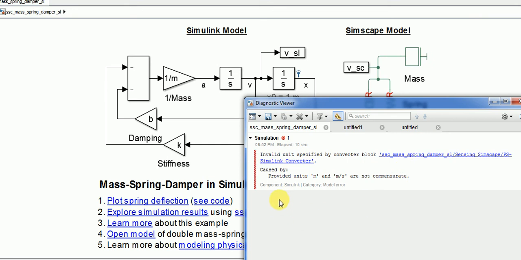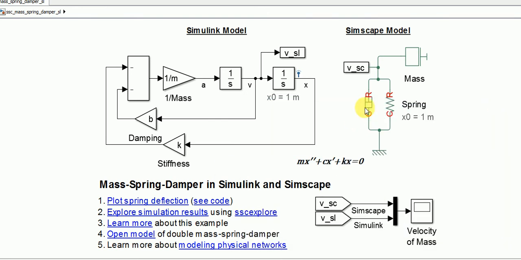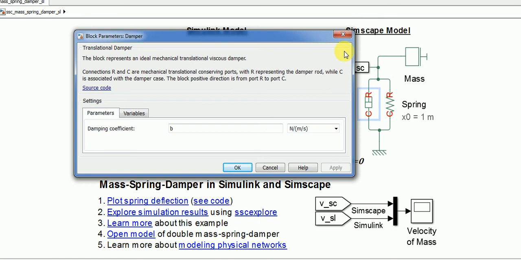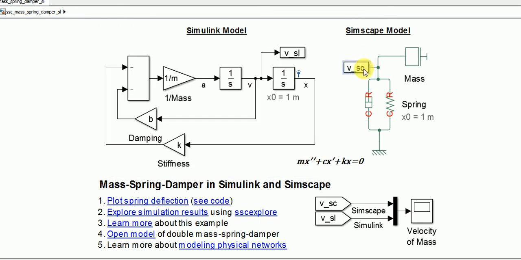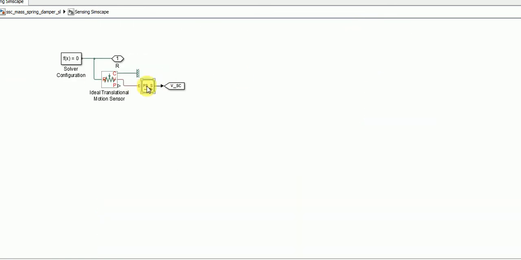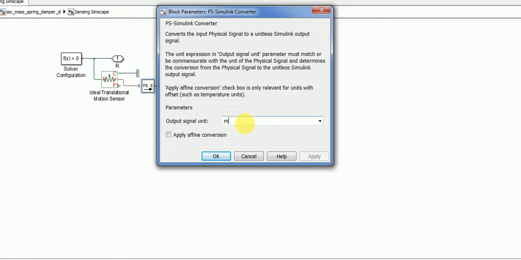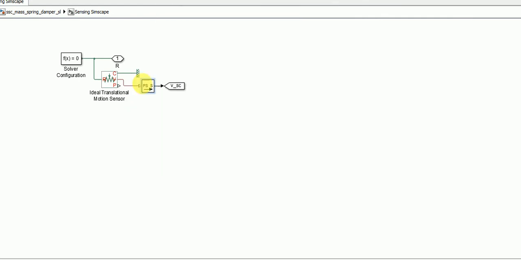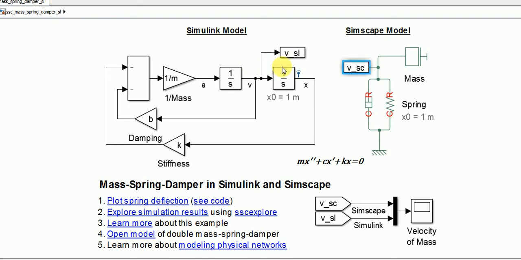Here we got an error. I think somewhere we have made a mistake in unit conversion. Here we are measuring velocity, so we have to keep meter per second, or we can take position. We'll check in the Simulink model what we are taking.